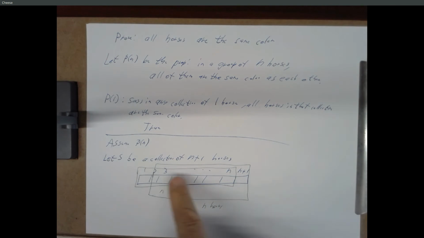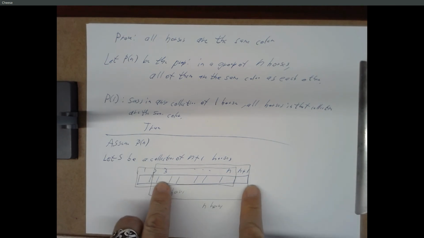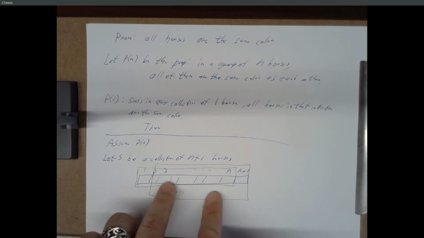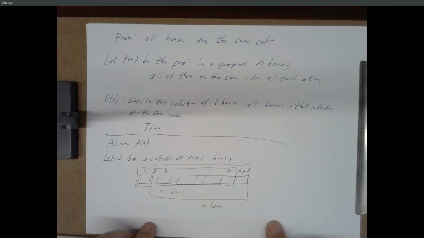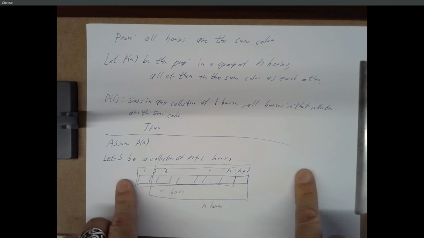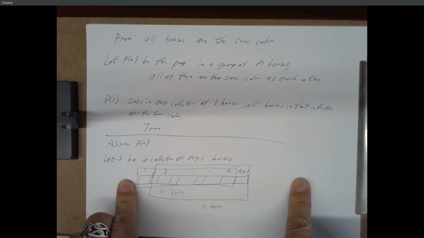And all of these horses are the same color because P of n is true. But any of these horses in the middle belong to both of these sets. So all these horses are the same as, say, horse 3, and horse 3 is the same color as all of these horses. So all n plus 1 horses must be the same color as horse 3, which means they're all the same color.